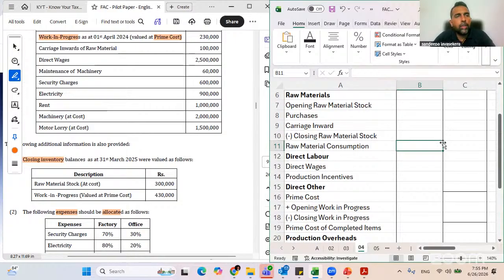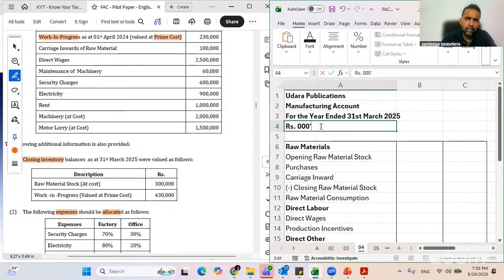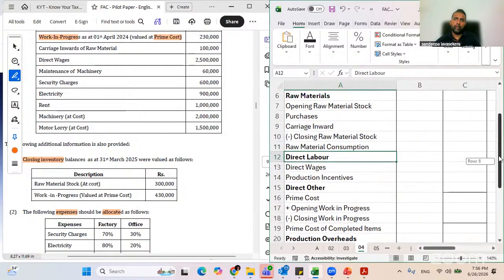Please drop a message if you are done with the format. We can do the question in thousands, I guess. Be little easier. Alright, if the format is done, drop me a message.